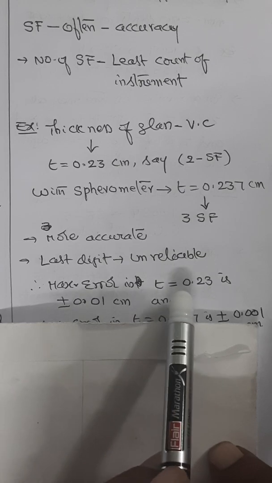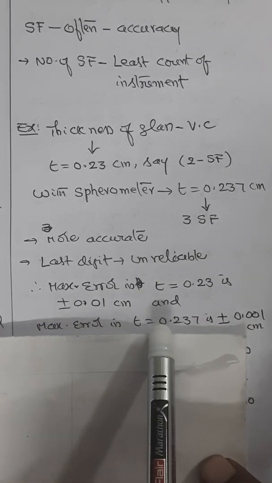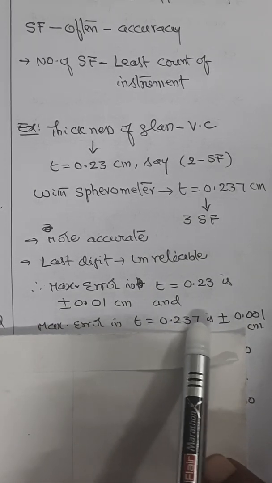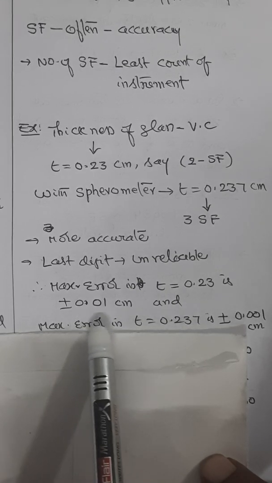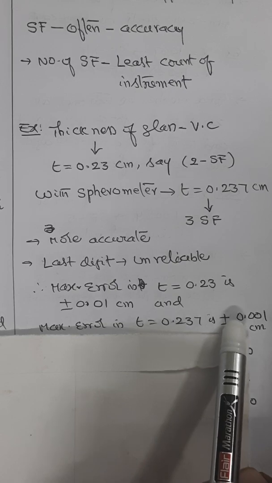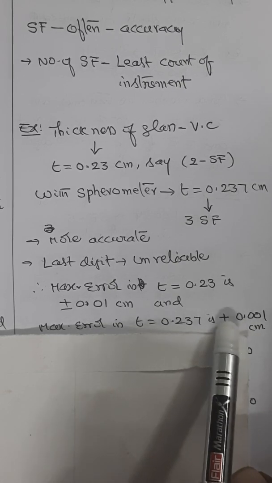Suppose the same is taken in the other one, if the last digit is unreliable, then the maximum error in this case is plus or minus 0.001. Got it?